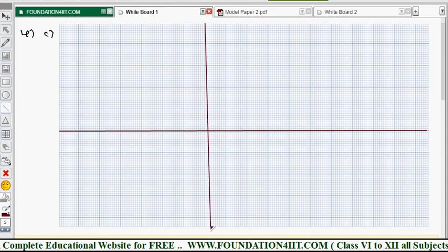We plot these points which are given. So as per the question, okay, this is the starting 0. Right side is positive 1, 2, 3, 4, 5, and so on. So it is the x axis. And above 1, 2, 3, 4, 5, and so on.